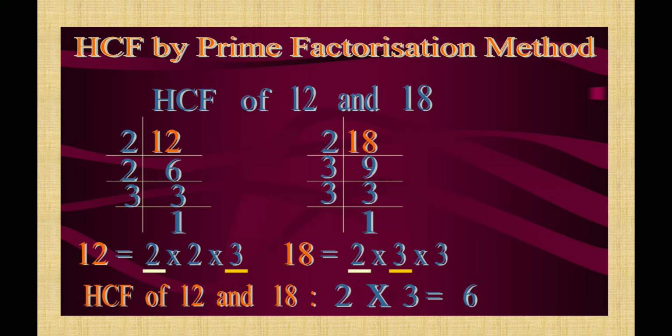Now let's take 3. It is common in both 12 and 18, so we will take one 3. Then we multiply 3 into 2, which is equal to 6. So this is the prime factorization method.